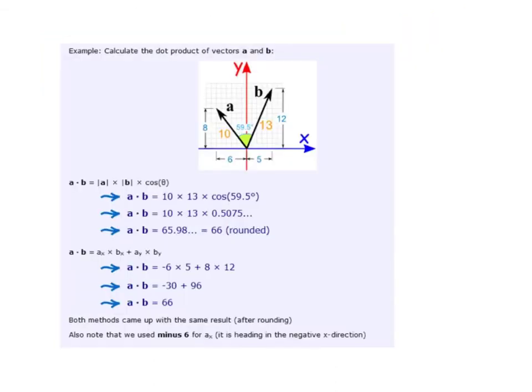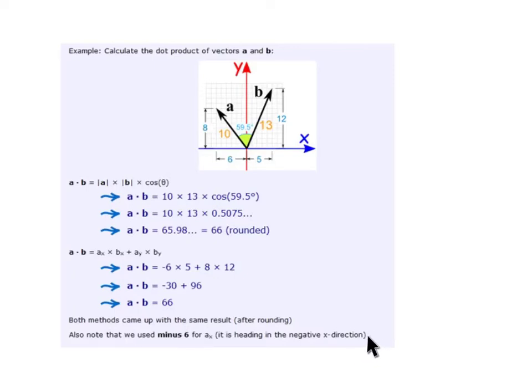So here are a couple other examples. You can see in this first one using the angle in between the vectors and the magnitudes multiplied, getting about 66. Or by just using the components of the vectors that are given, multiplied out, it's 66. So they are the same.